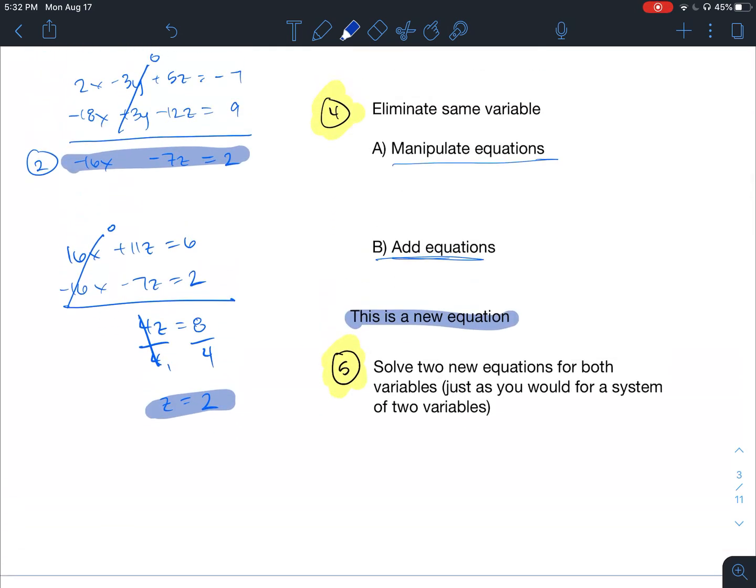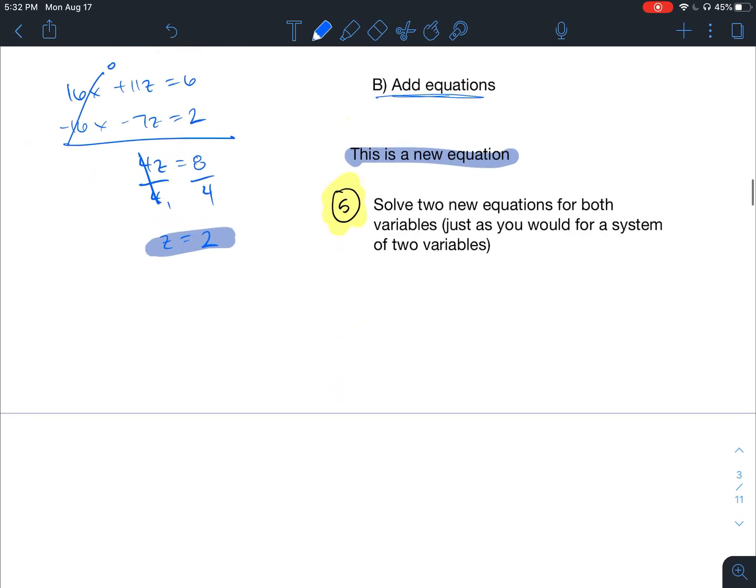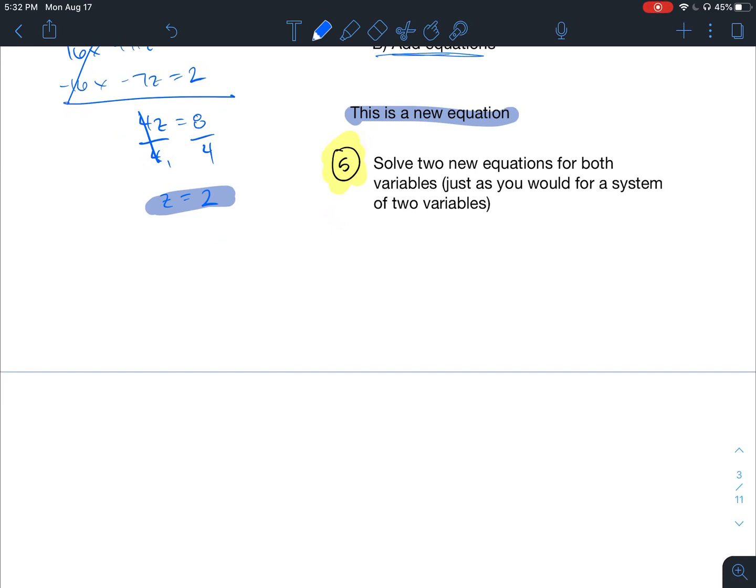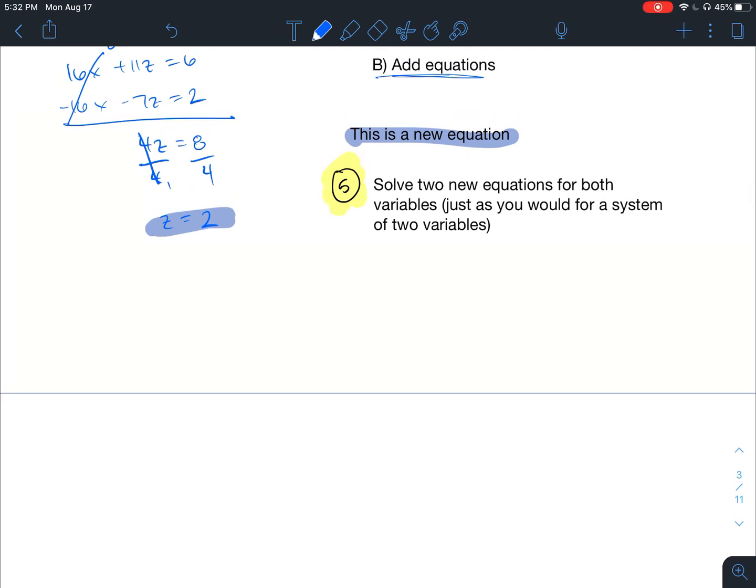Now, just like we did in the last example, we just have to plug this variable back into one of these two equations, and you can pick which one. But I'm going to choose the top one, the positive 16, because positives are easier, and we're solving for x now. So 16x plus 11, now we know that z is equal to 2, so I'm going to put 2 right there, equal to 6.